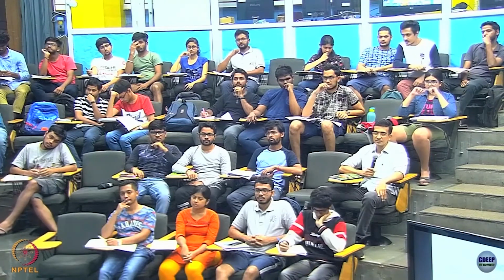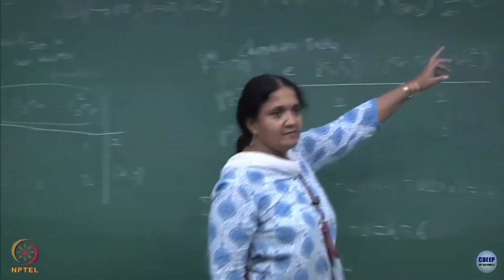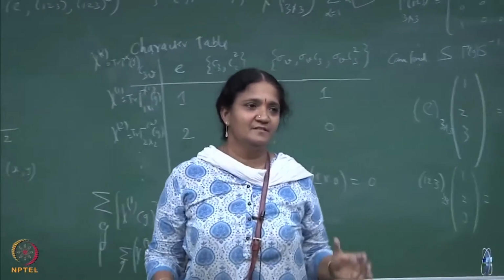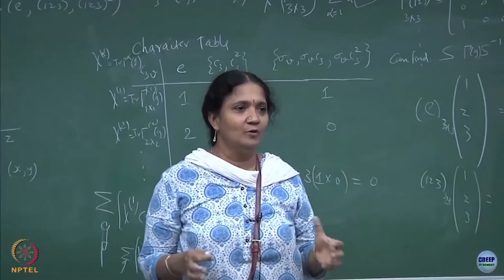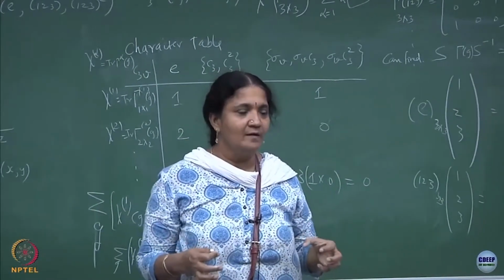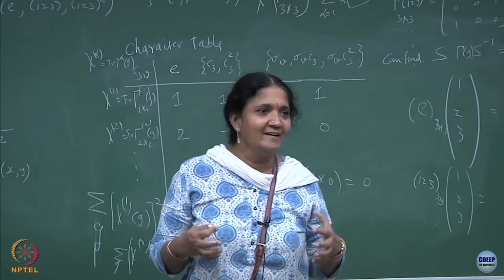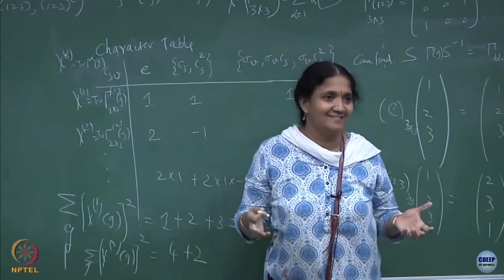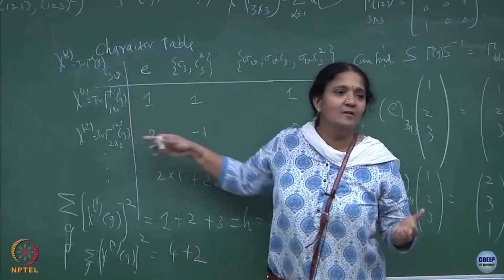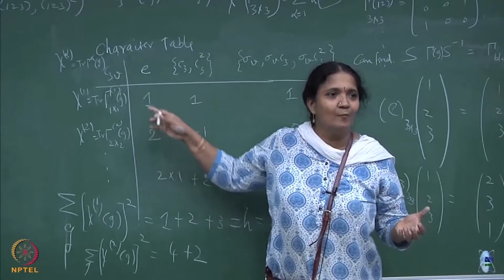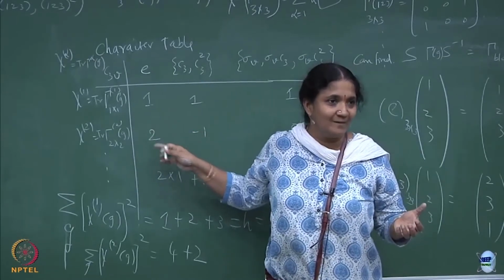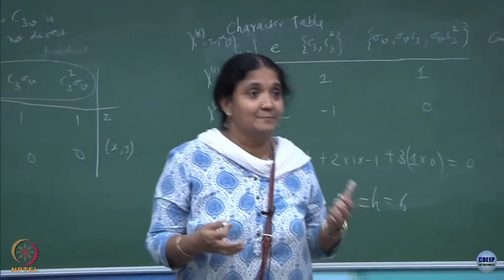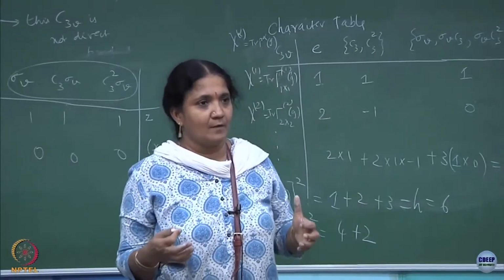Suppose I give you a 3 cross 3 matrix, or a 2 cross 2 matrix which can be brought into a completely diagonal form, then I may say that this particular representation occurs twice. Or suppose I find another one-dimensional representation, I could say one of them and another one of them. These kinds of questions can also happen in the lower dimensional matrix.